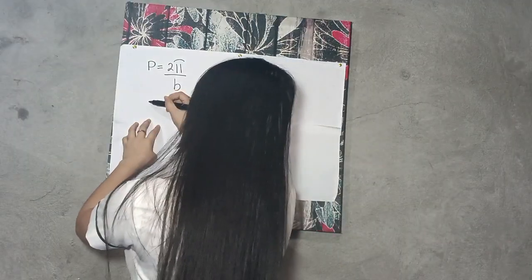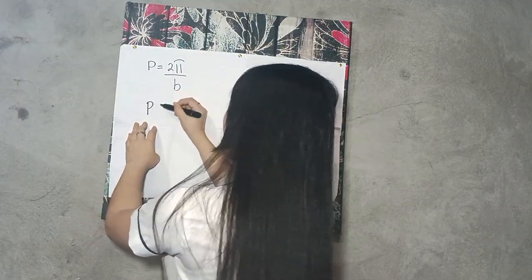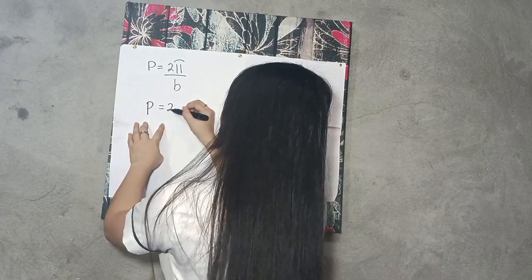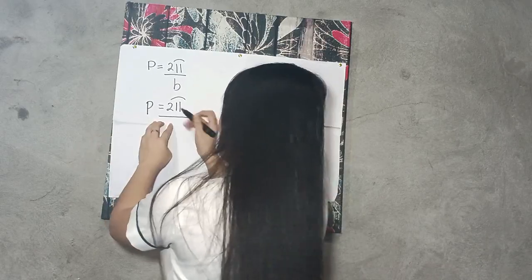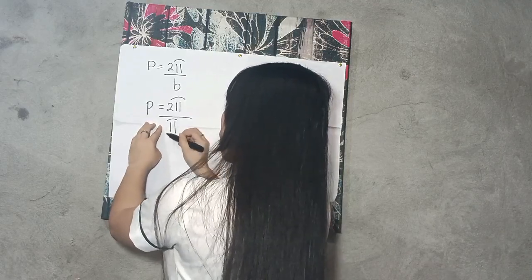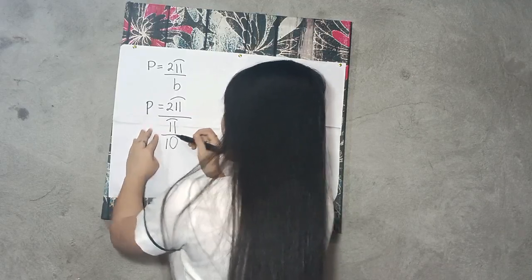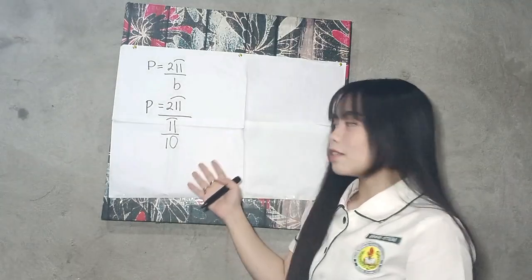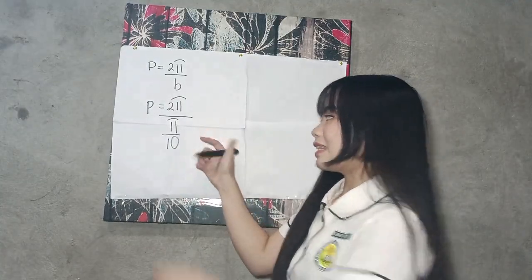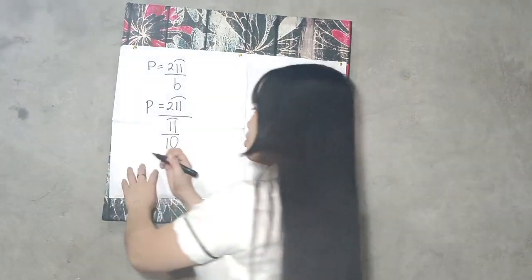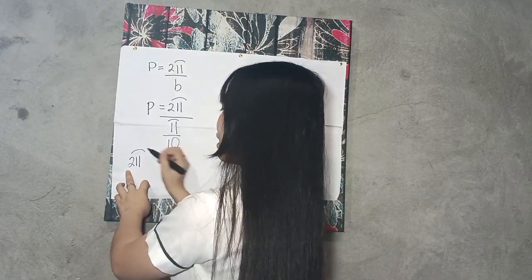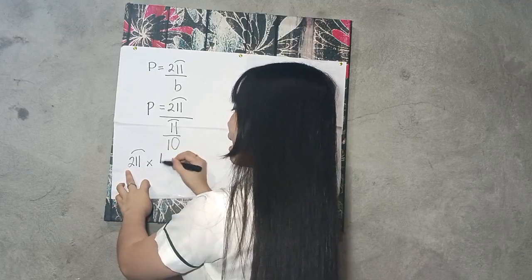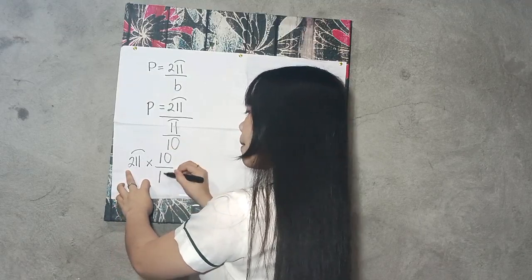So P is equal to 2 pi over b, which is pi over 10. So to solve this, we're just going to multiply and reciprocate the denominator. So it is going to be 2 pi multiplied by 10 over pi.